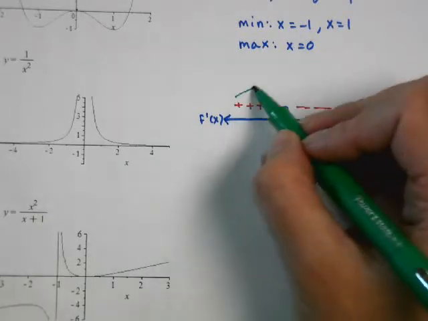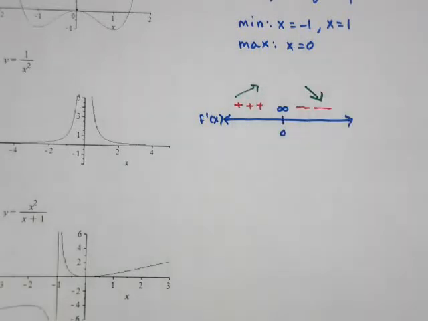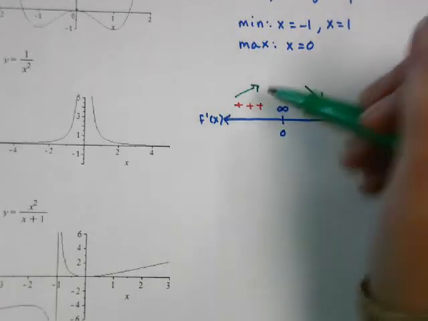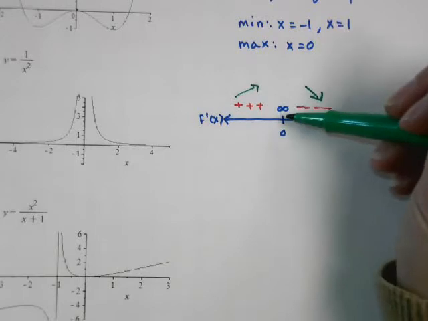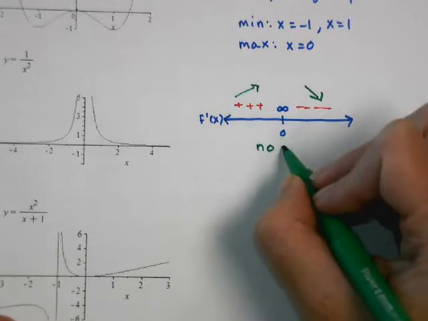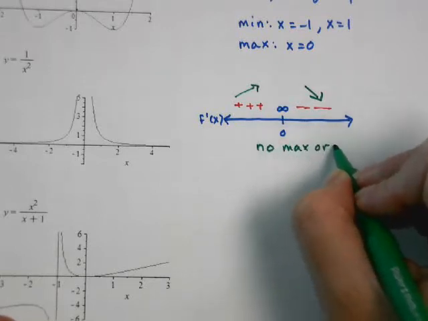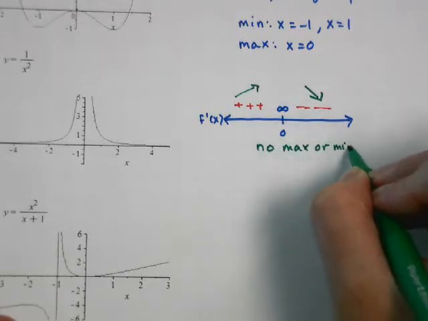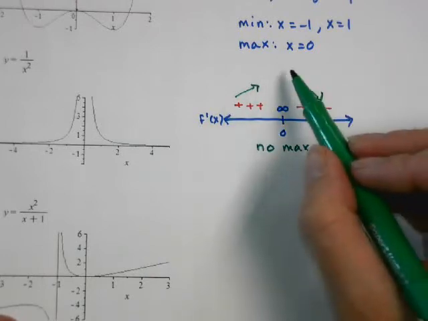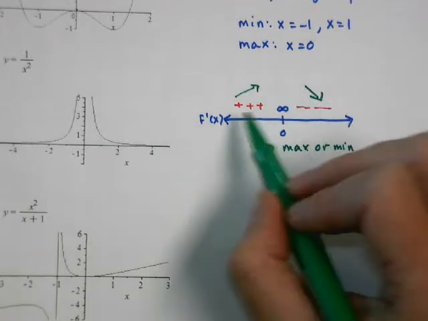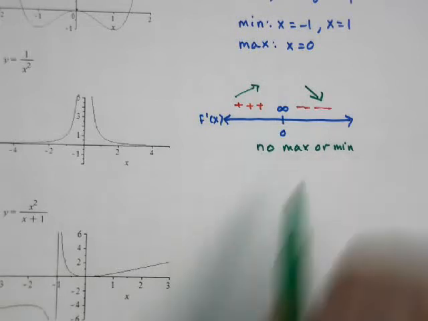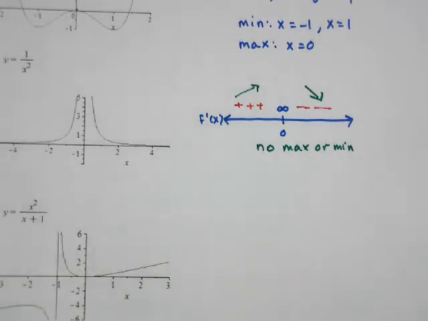So it's increasing, then it's decreasing. But unlike the previous examples, this isn't continuous here. So if I'm looking at this number line, this being discontinuous here tells me that there is no max or no min. Specifically a maximum in this case, because it's increasing and decreasing. So does it have a maximum? No.